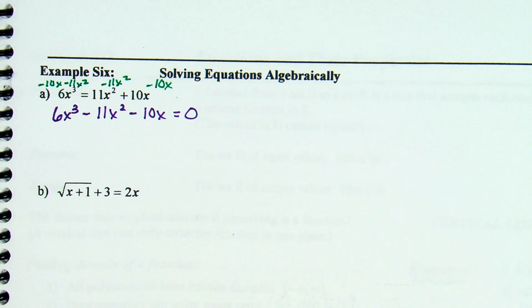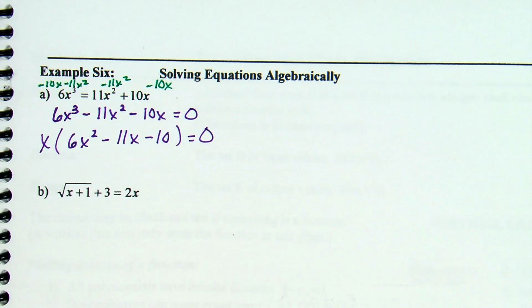Okay. What do you notice about all three terms? They all have an x. Think GCF here. If we factor out an x, 6x cubed divided by x becomes 6x squared minus 11x minus 10 still equals 0.